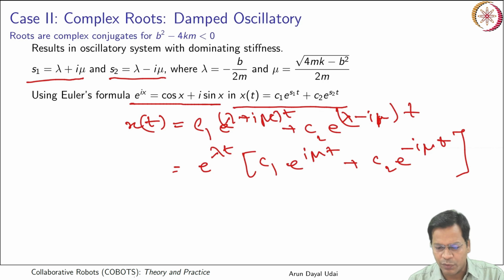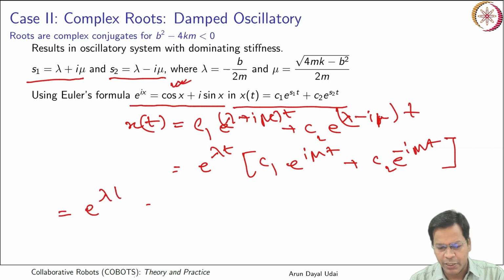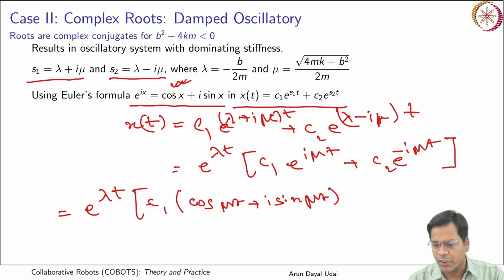So if you substitute that once again here, you get e to the power lambda t, which is still outside, and c1 times (cos mu t plus i sin mu t). Similarly over here I can write plus c2 times cos mu t.